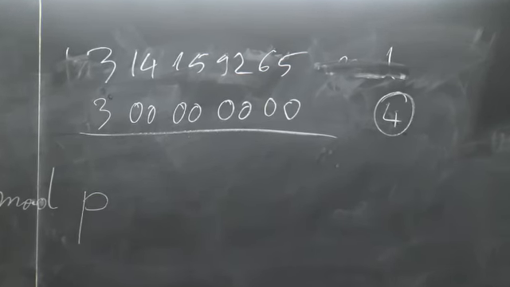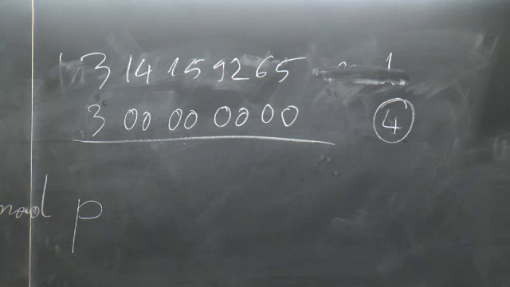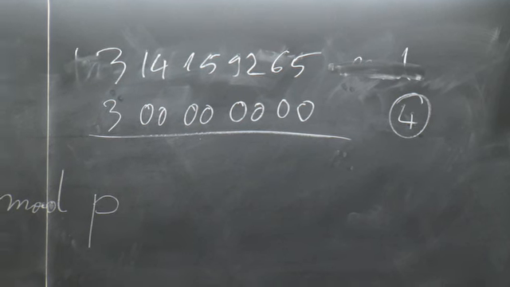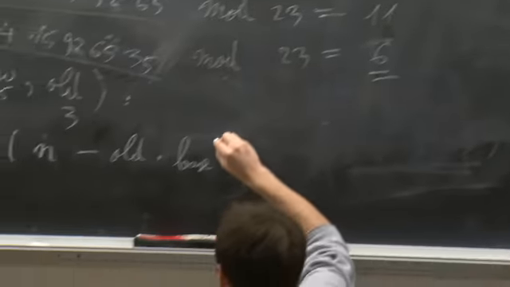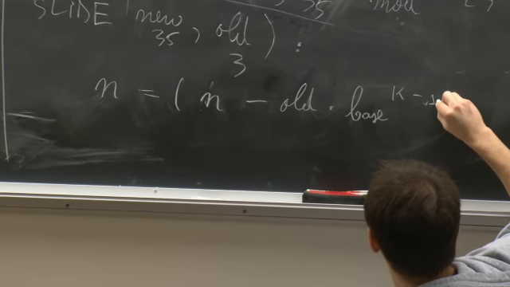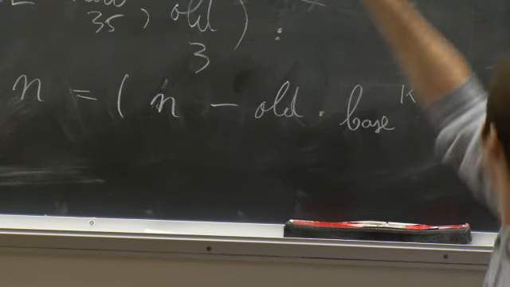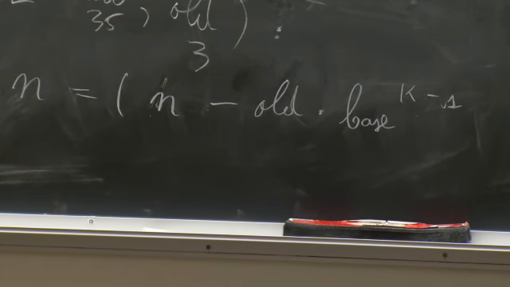Base to the k minus 1. k is 5 in this case, my window is 5, and I see a 4 there, so I add the minus 1.